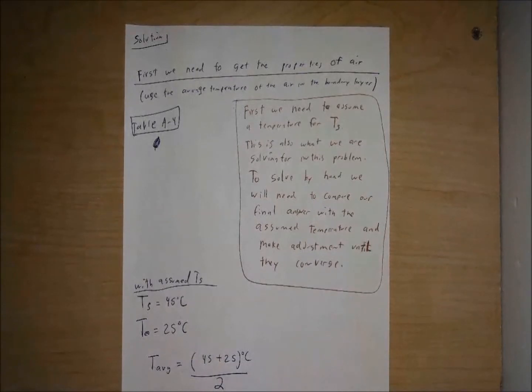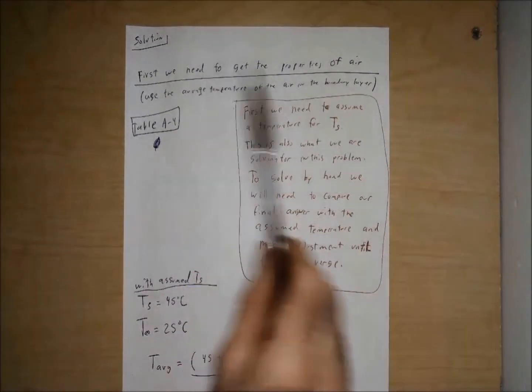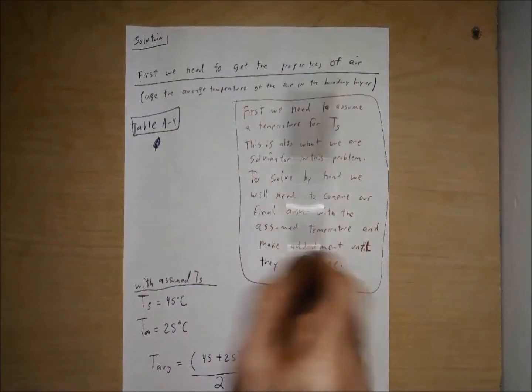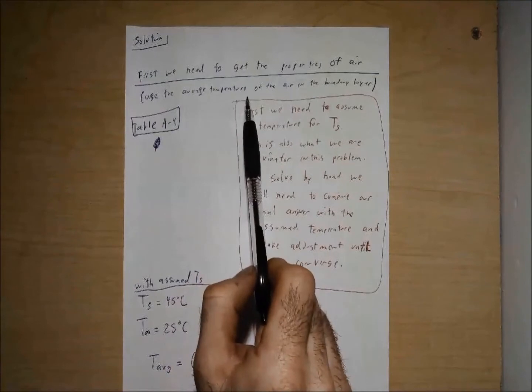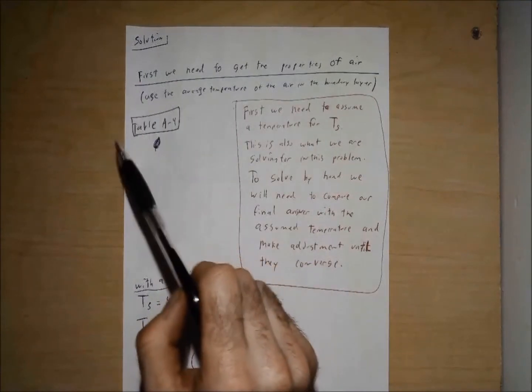So now that we've read through the problem statement and written down everything that's given, what they're asking us to solve for, and the assumptions we're going to make, the next step is to begin the solution and come up with a method. The first thing we need to do is get the properties of air. We're going to use the average temperature of air in the boundary layer, and we'll get the properties from table A4.